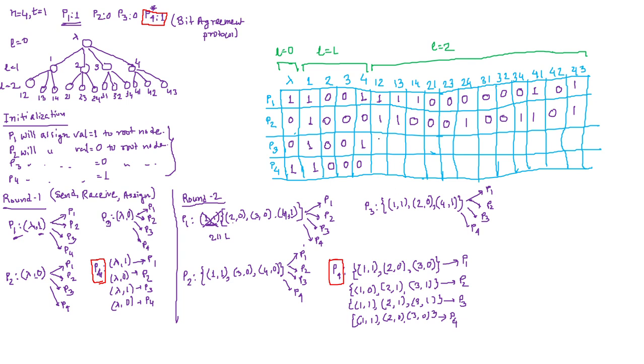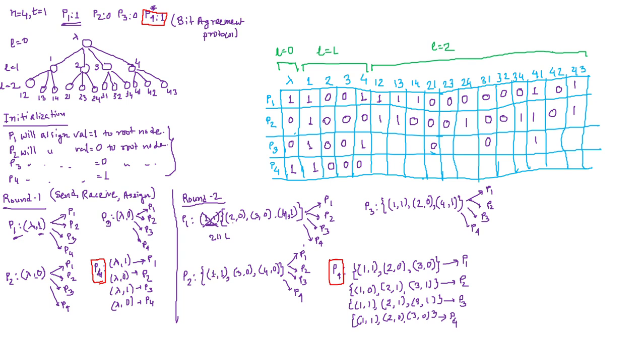Now what about P3? So P3 receives again 2, 0, 3, 0, 4, 1 from 1. So node 2, 1 gets 0, 3, 1 gets 0, 4, 1 gets 1.